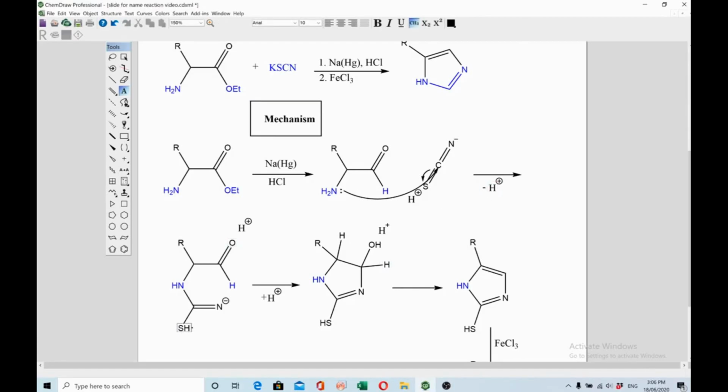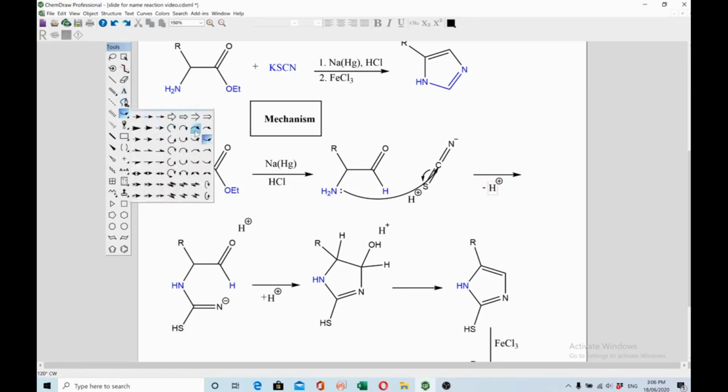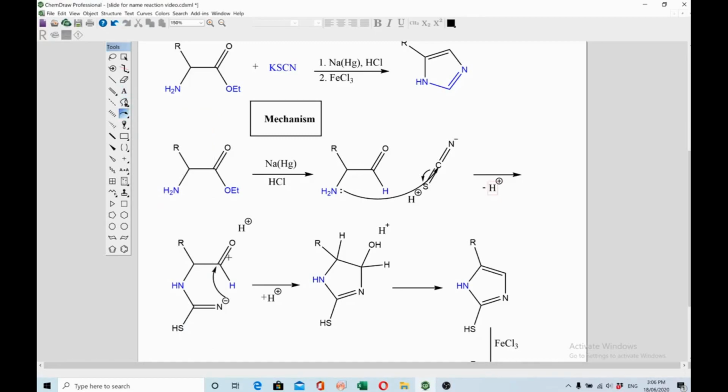And in the next step, this nitrogen attacks the carbonyl of the aldehyde, which is the electrophilic center, attacks here, and then this bond shifts towards oxygen and this oxygen picks the proton and makes it alcohol.